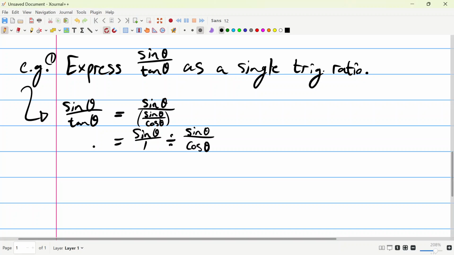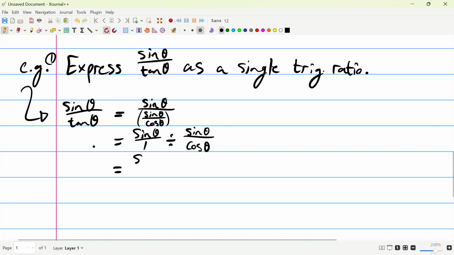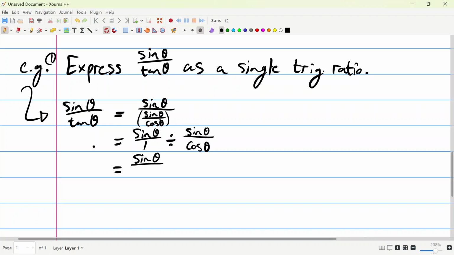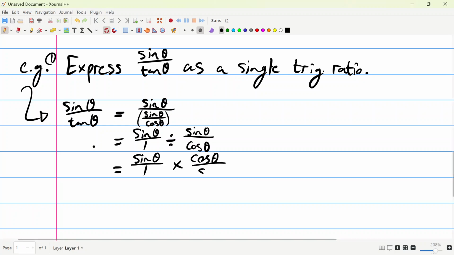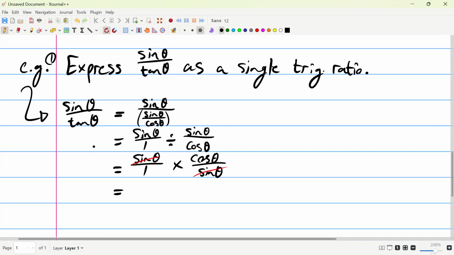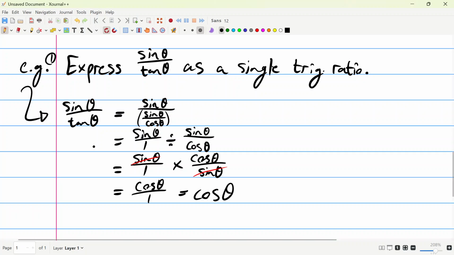If we were to rewrite it in division form. And then if we tip and times, we are going to have the same sine theta over 1, but multiplied by the reciprocal, which is cos theta divided by sine theta. Okay. And notice, if we were to multiply the fractions in, the sine thetas will cancel out. And then we're just left with cos theta over 1, which is just the same as cos theta.